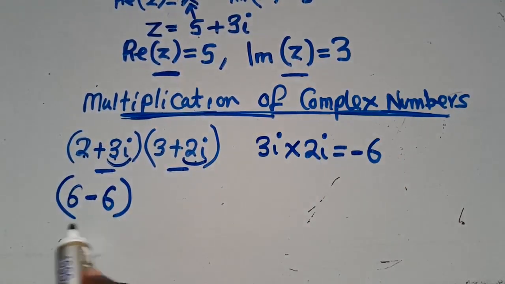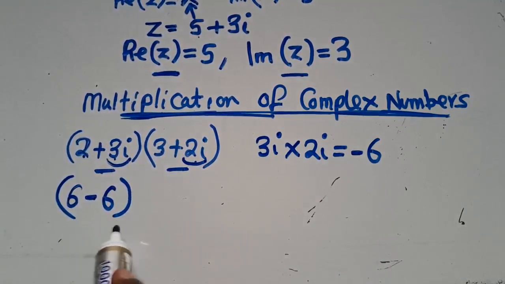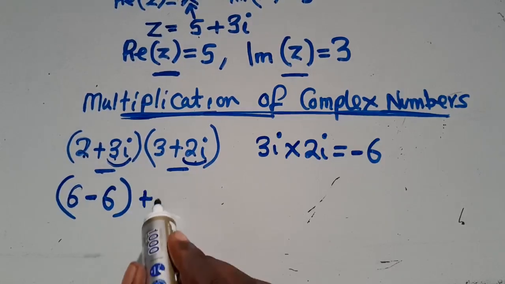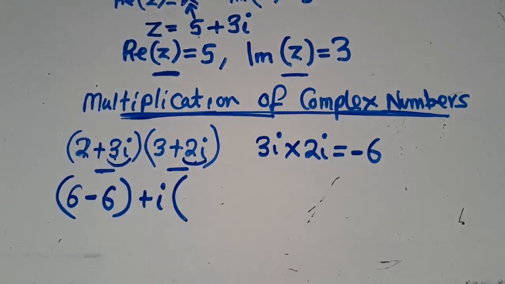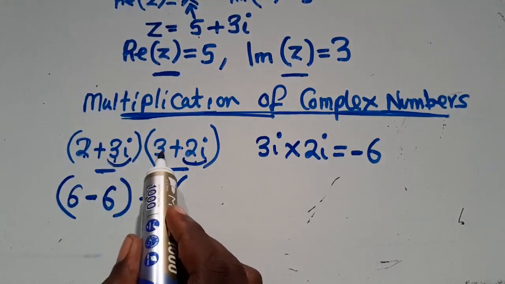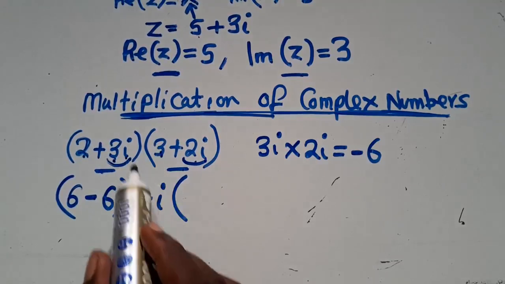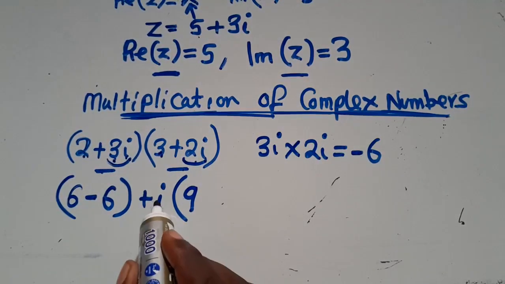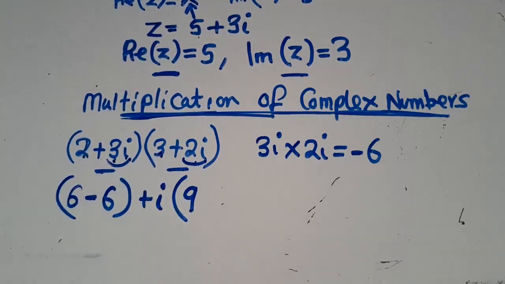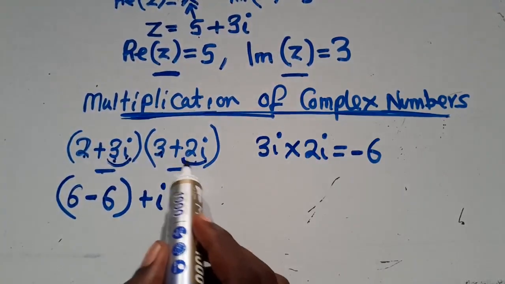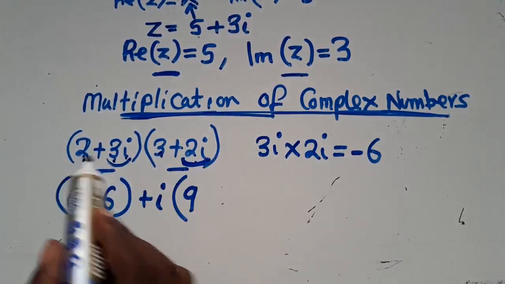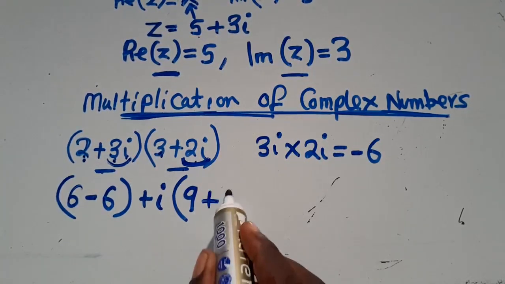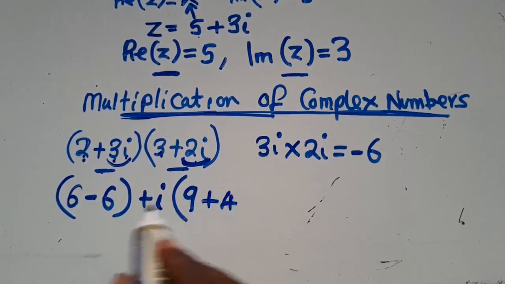So we found the real part. We now go to the imaginary part, where you multiply this one times that one. 3i times 3 gives 9i, so you just say 9 because the i is factored out. Then 2 times 2 is 4, so plus 4, with the i factored out.